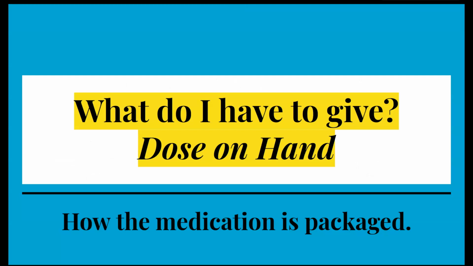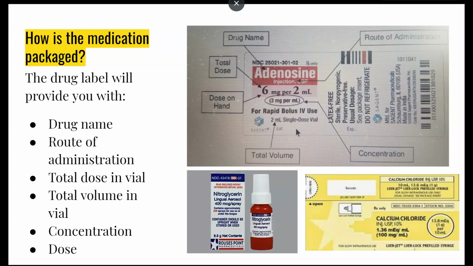Dose on hand. This is how the medication is packaged, or how you have prepared it, right? So we already talked a little bit about Solumedrol, right? It's 125 milligrams in 3 mLs. That's going to be your dose on hand. If you look at the medication boxes themselves, it gives you all of this information as well. So your dose on hand here for this adenosine is 6 milligrams in 2 mLs.